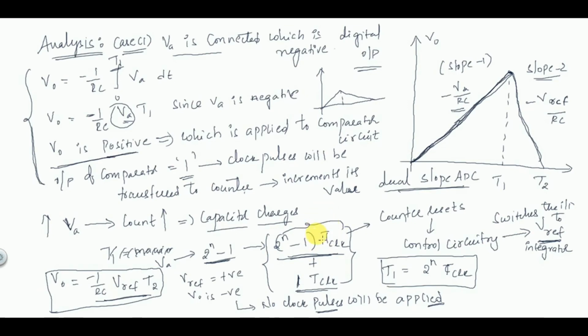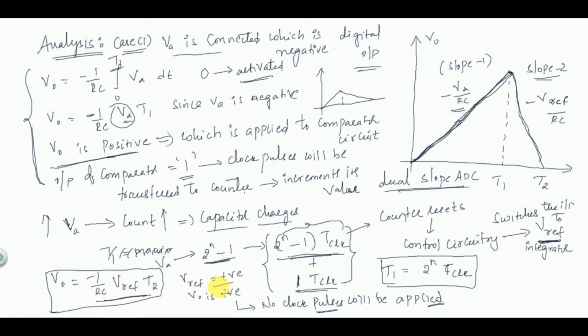This is the maximum conversion rate. Then after one more clock cycle, that is applying the reset value, 0 0 0 0, to the T flip-flop, where the MSB is connected, 0 is connected to the negative flip-flop, thereby the control circuitry will be activated. The control circuitry switches the input to V reference.